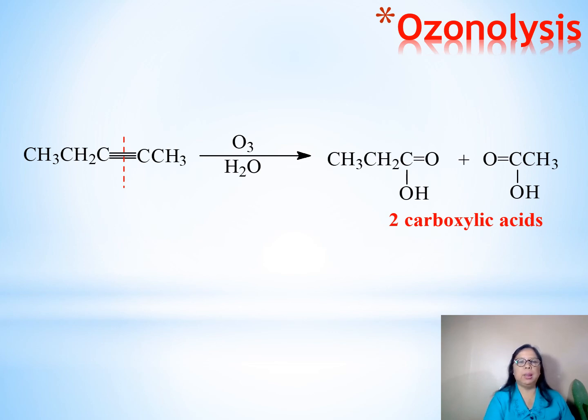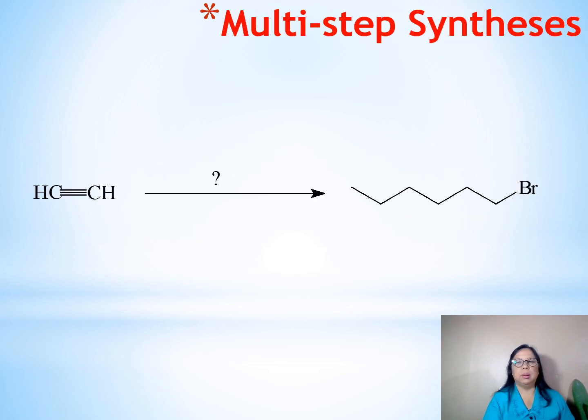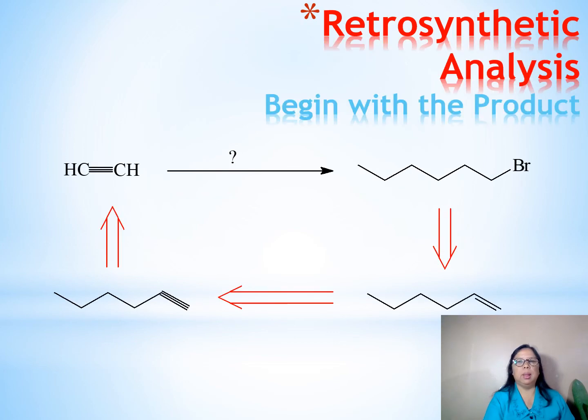Again, be guided that the reaction should be focused only on the triple bond. Okay, this is also another example to illustrate. However, I would like to tell you that there are some mechanisms in the alkyne that you could traverse back or go back.